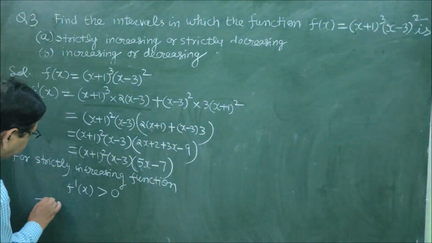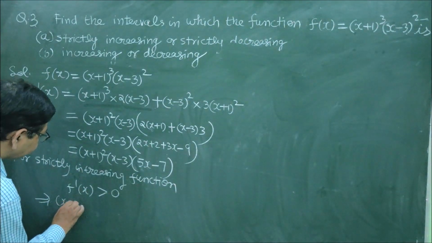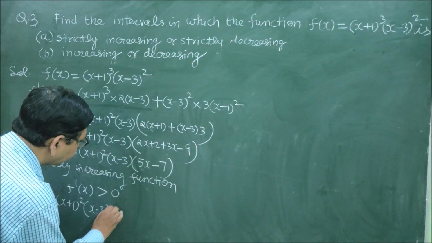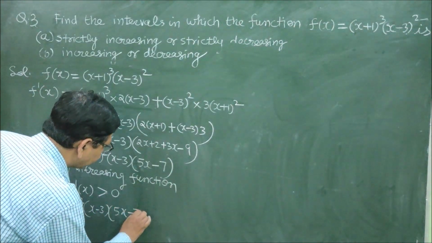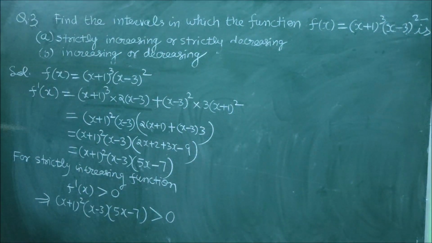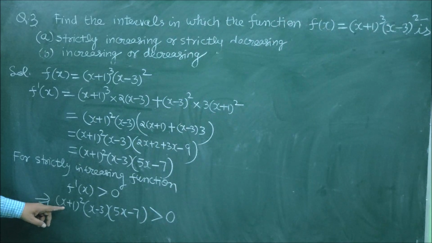This implies that (x + 1)² (x − 3)(5x − 7) is greater than 0. Now (x + 1)² is greater than or equal to 0.